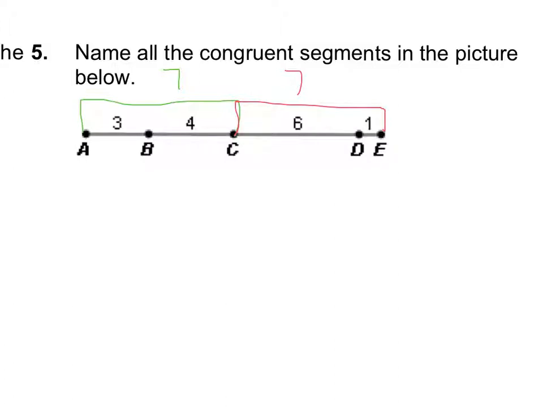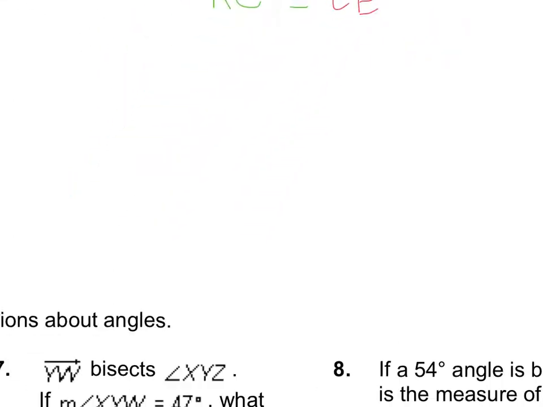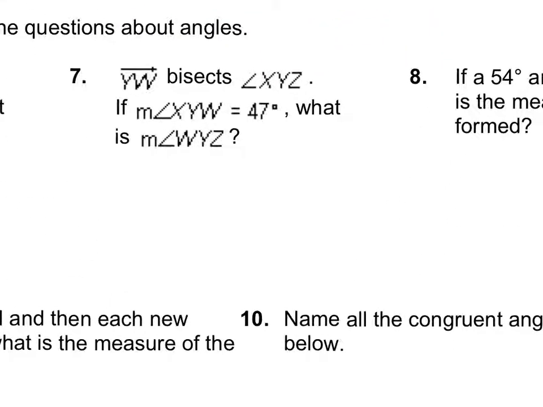So that means that the segment AC is congruent to the segment CE because they were both 7. If I tried adding any other numbers like 3, 4, and 6, then nothing else is going to be equal. So I'm just going to move on because I don't know other line segments that are congruent.